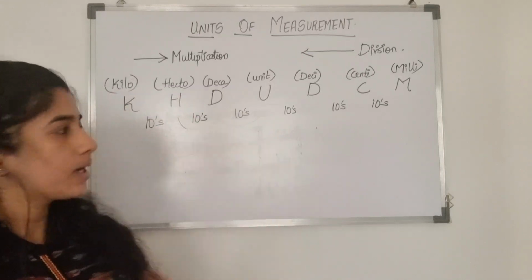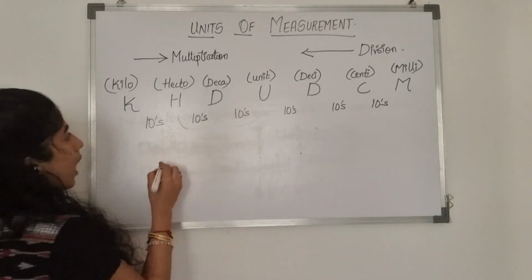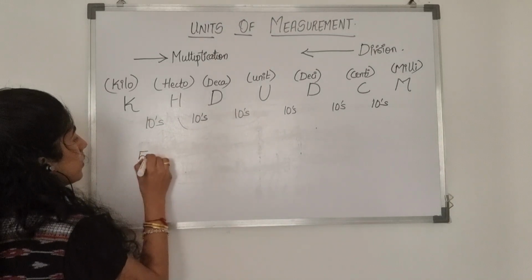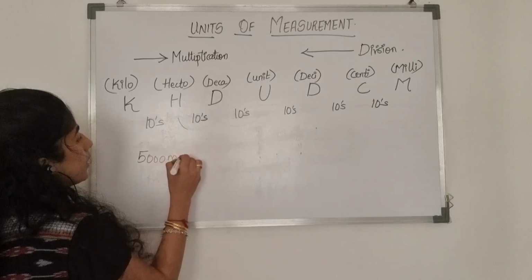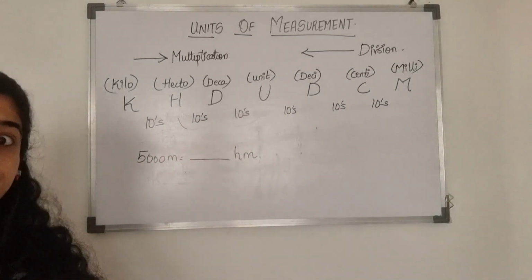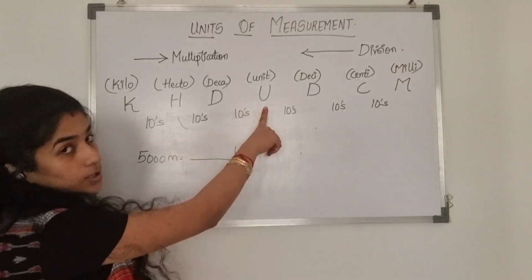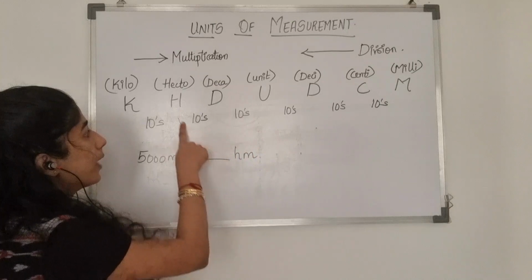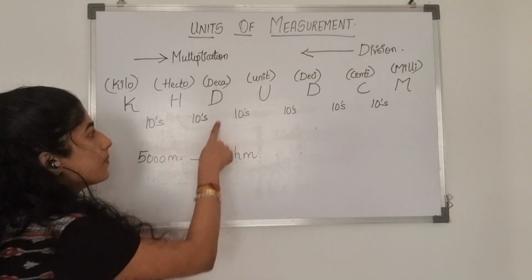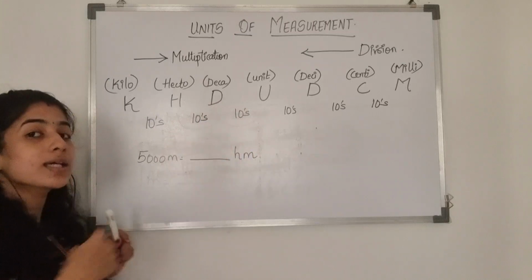Let's take an example. Let's see, if I want to know how much 5000 meter is equal to in hectometer. From meter, which is a basic unit, I am coming to hecto. So one step, second step, right? So how many tens am I covering?